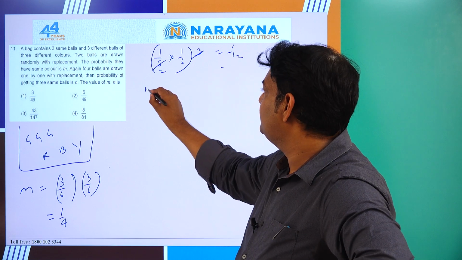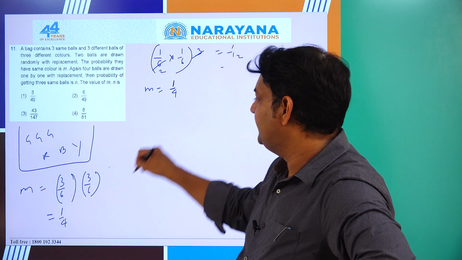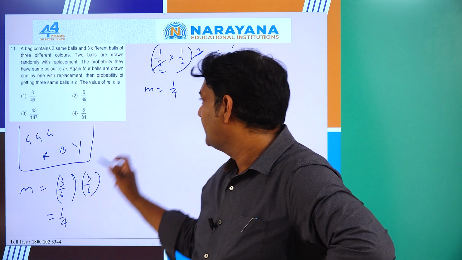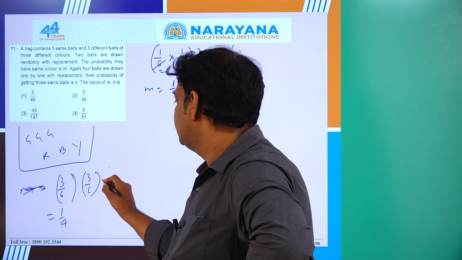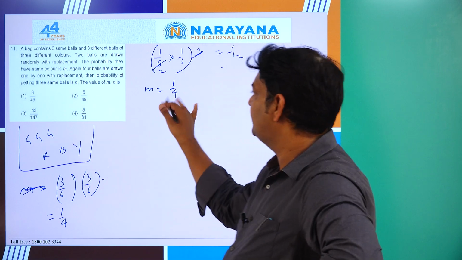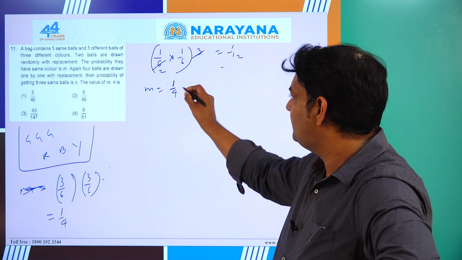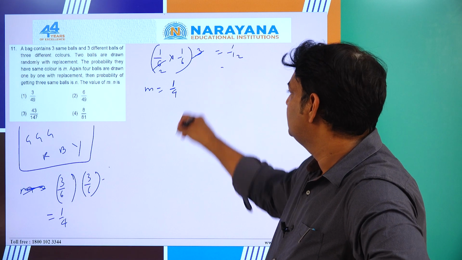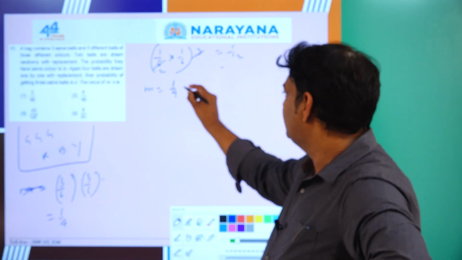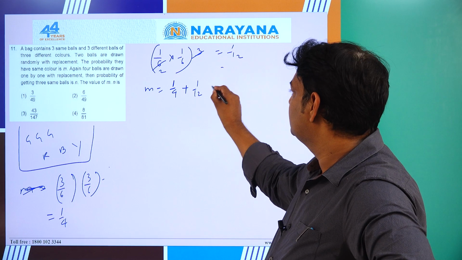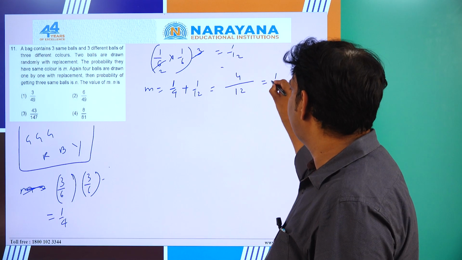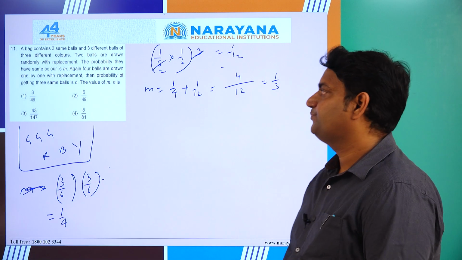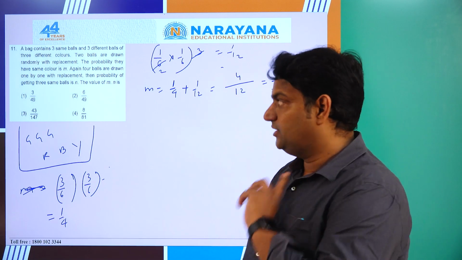So the value is the sum of these two, 1 by 4 plus 1 by 12. 3 plus 1, 4 by 12. That is, the value of M is 1 by 3.